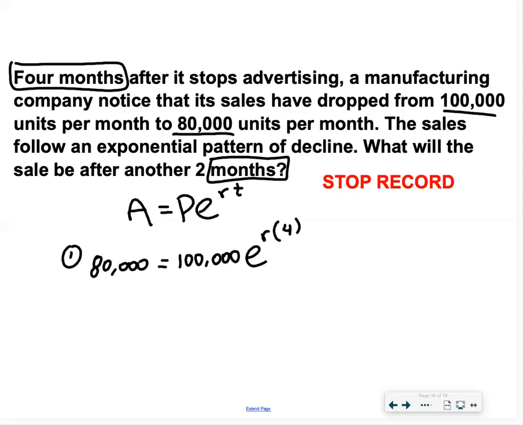So you would divide out, right? So you get 0.8 equals e to the r times 4. I just divided the 100,000 on both sides. And then take the natural log of both sides because we want to get rid of the e.